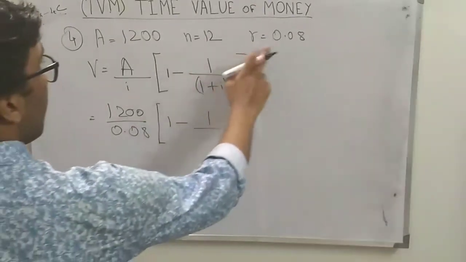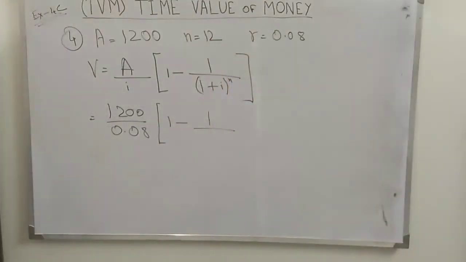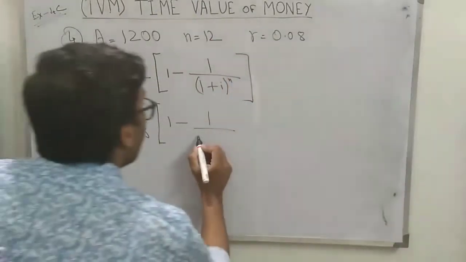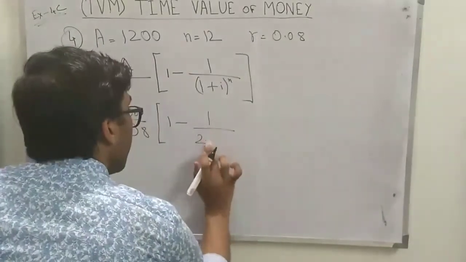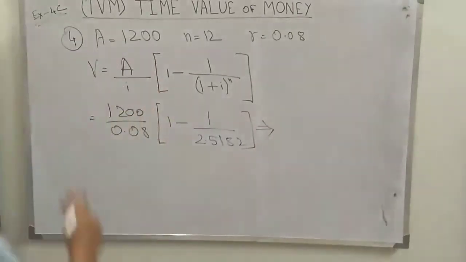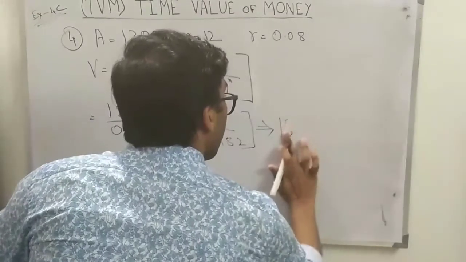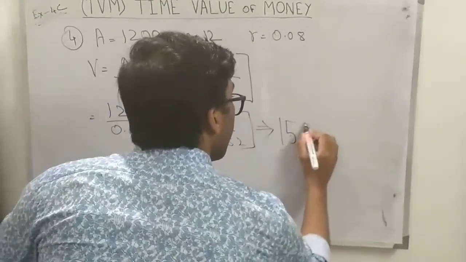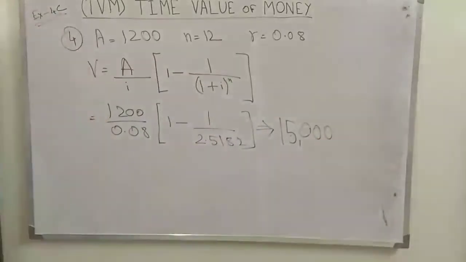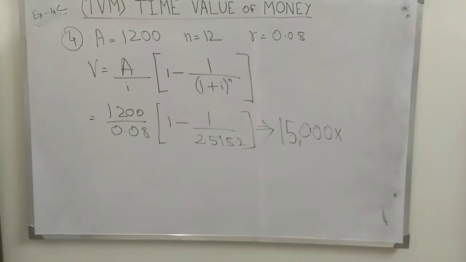That means 1 plus 0.08, that is 1.08 to the power 12, which is 2.5182. 1200 by 0.08 is 15,000. So it is 15,000 into 1 minus 1 by 2.5182.